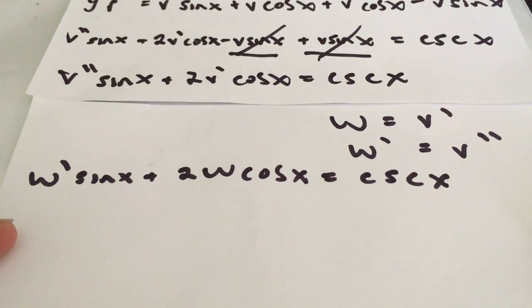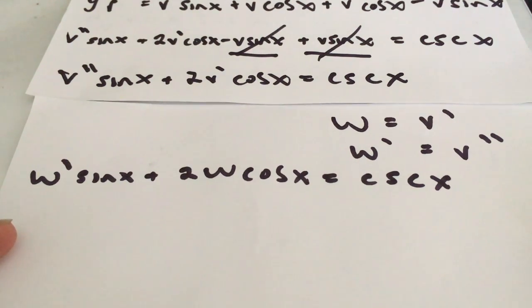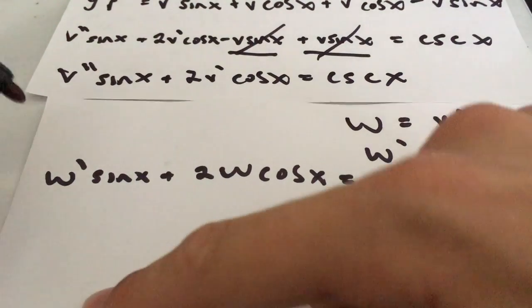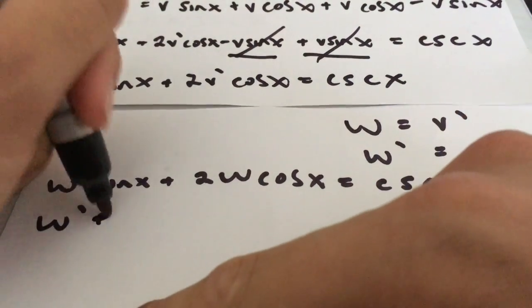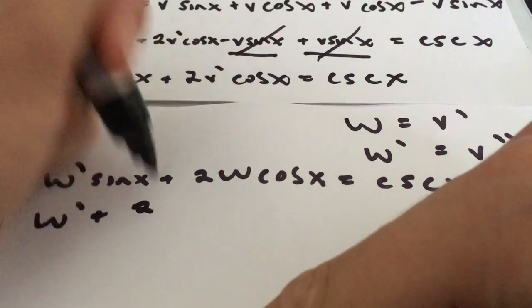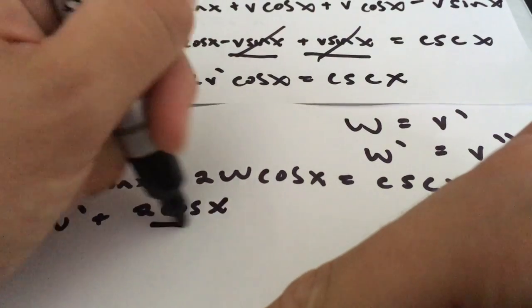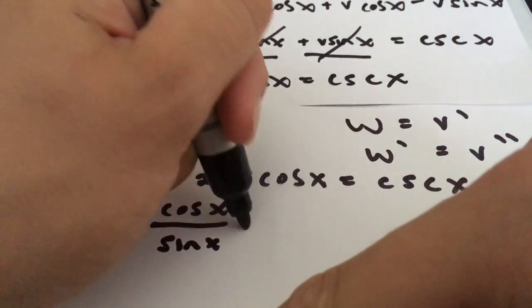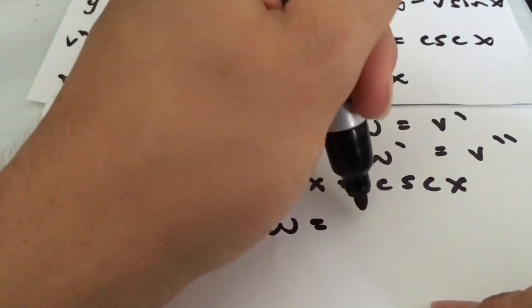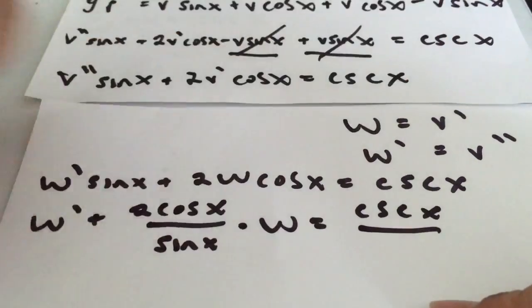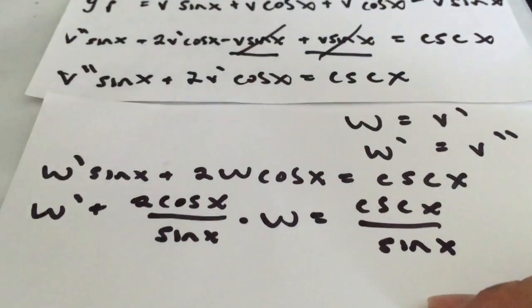Now from here we have a first order linear differential equation that is solvable using the integrating factor technique. So to do this, we want the leading coefficient of w prime to equal 1. So we are going to divide this entire equation by sine of x. So what we will get is w prime plus 2 cosine x all over sine of x times w equals cosecant x all over sine of x.